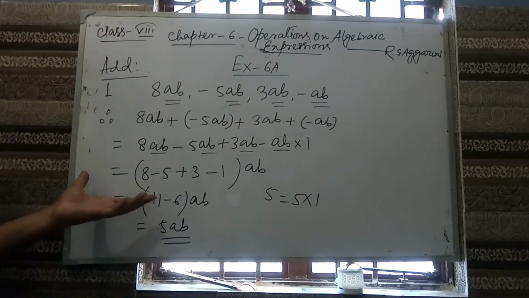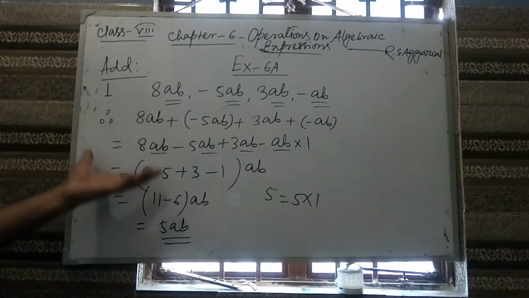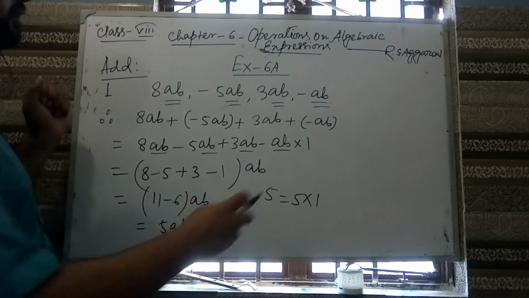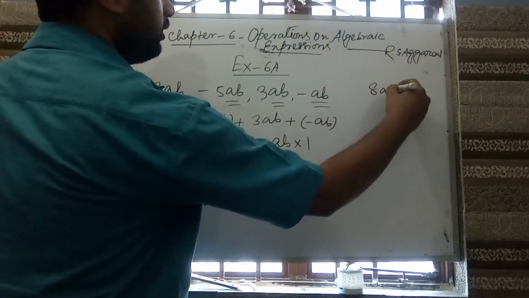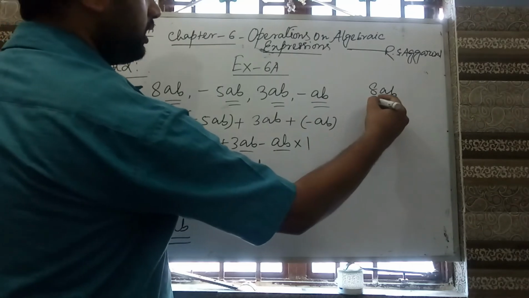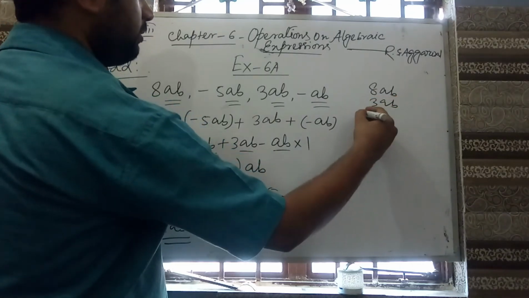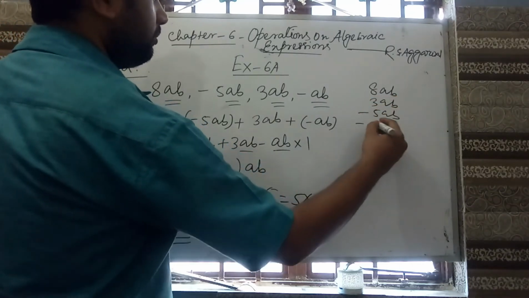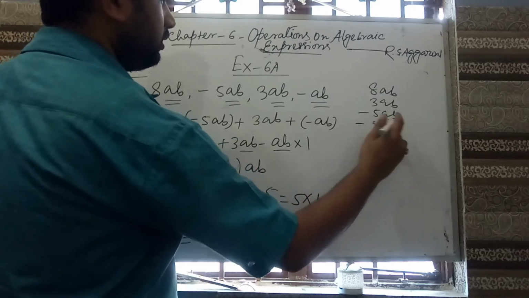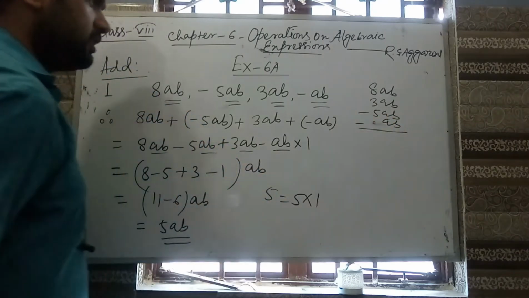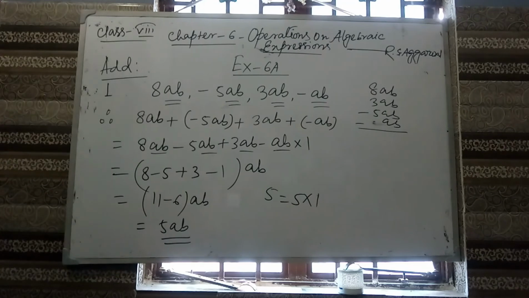If you are comfortable adding numbers in a column, then you can put them like 8AB, then plus terms together 3AB, then minus 5AB, then minus AB. But in that case, it will be difficult if you do not understand the sum properly.